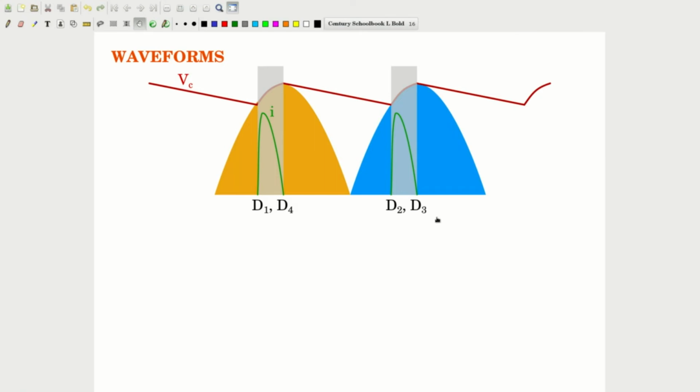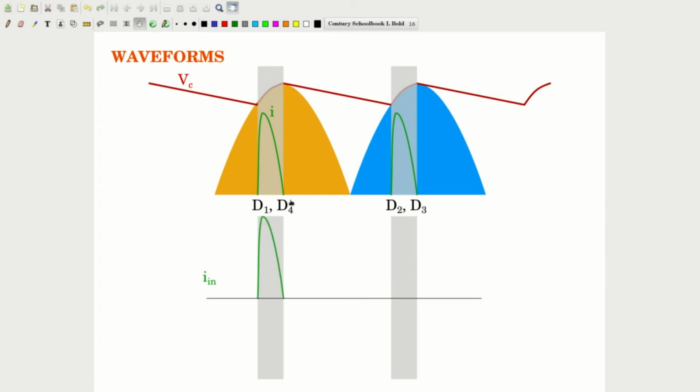So basically this would form the diode currents, and if you draw the waveform for I in, the input current, this is the waveshape during the positive half cycle, and during the negative half cycle this would be in reverse like this. Now this is the waveshape for the input current.